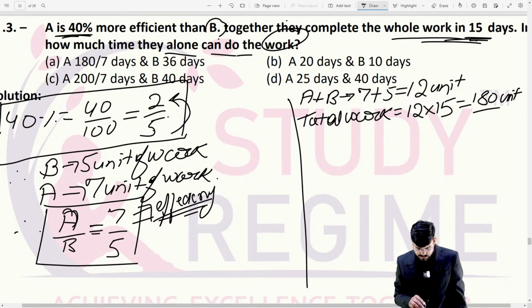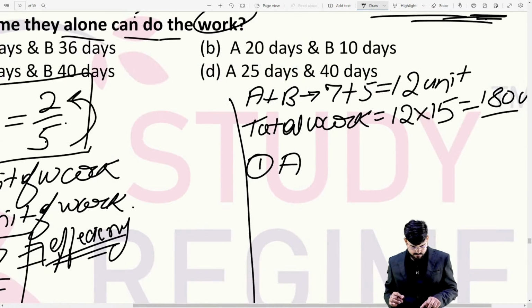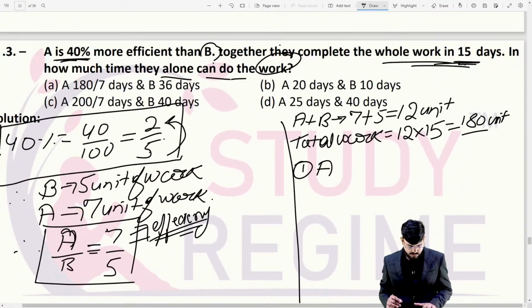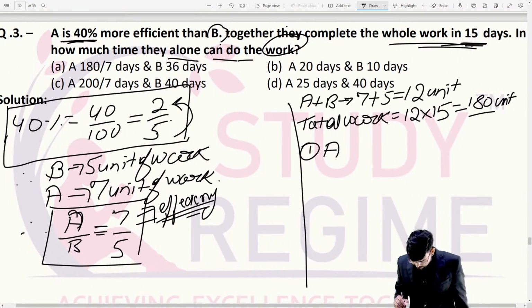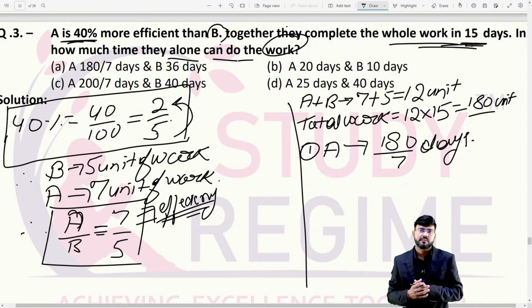Now, what is the question asking? In how much time can they alone do the work? First, we will talk about A. Since A is doing 7 units of work in a day, total work upon 7. So, A will finish the work in 180 by 7 days. Very easy.